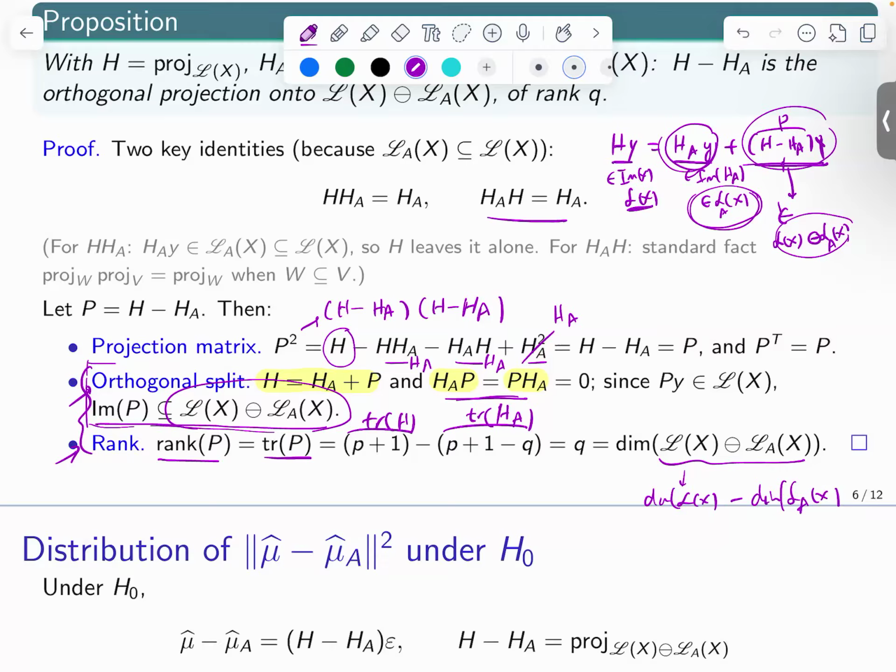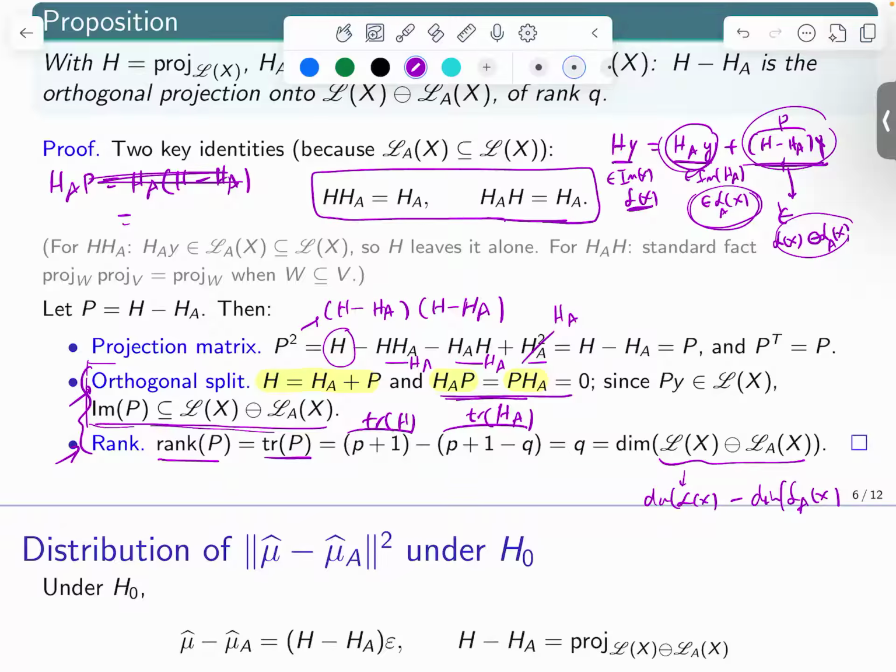It's a fact of linear algebra. Or you could argue it differently. But the idea is that this shows the two pieces when you do the decomposition are orthogonal, and this is the key idea, and everything basically follows from these two geometric facts that you can iterate these projections.